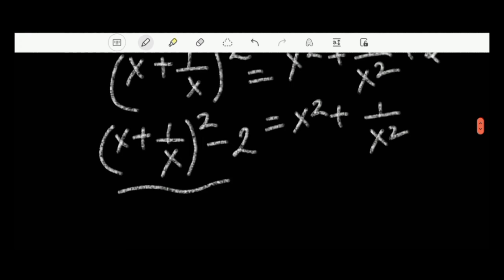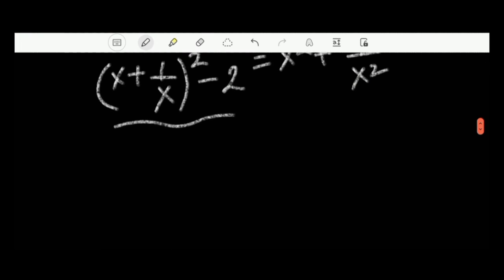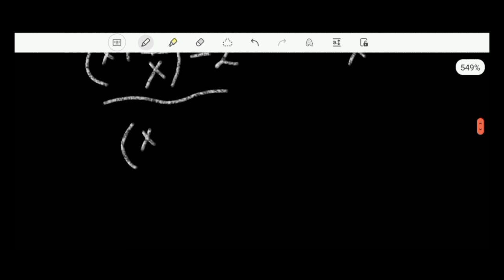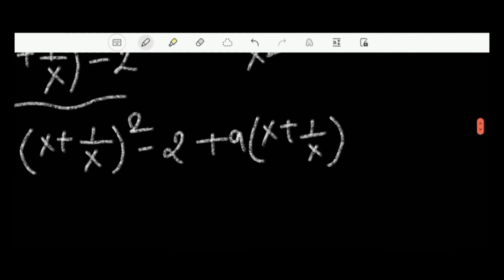So we'll substitute this value over here. So we will obtain that x plus 1 upon x whole square minus 2 plus a times x plus 1 upon x plus b is equal to 0.